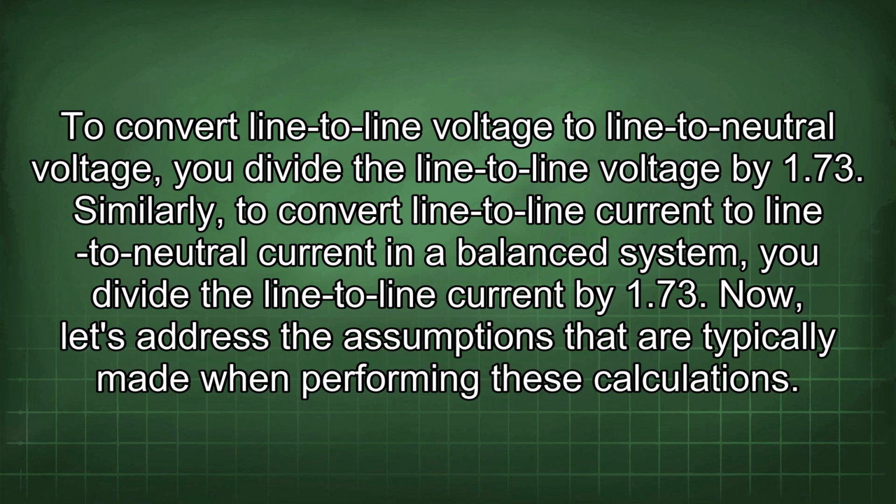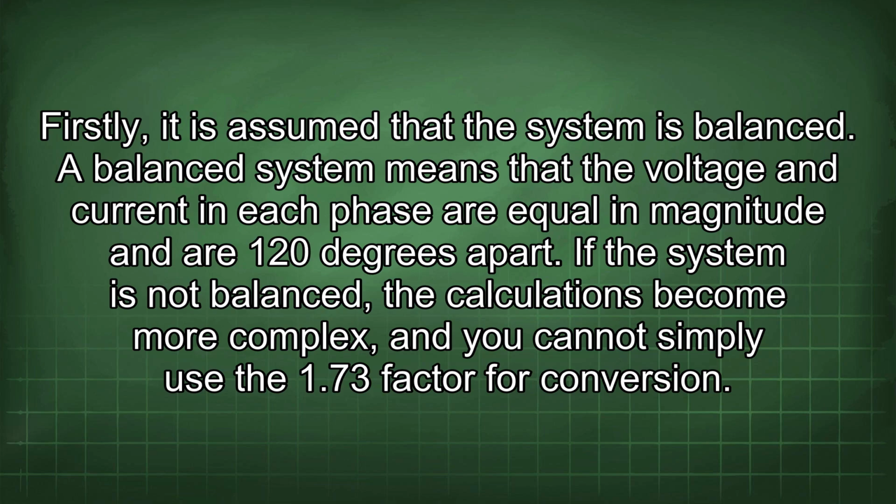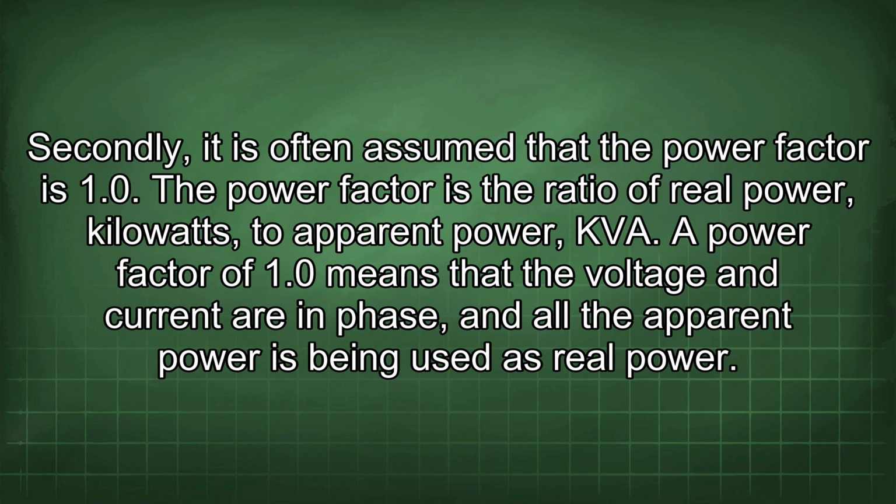Now, let's address the assumptions that are typically made when performing these calculations. Firstly, it is assumed that the system is balanced. A balanced system means that the voltage and current in each phase are equal in magnitude and are 120 degrees apart. If the system is not balanced, the calculations become more complex, and you cannot simply use the 1.73 factor for conversion. Secondly, it is often assumed that the power factor is 1.0.